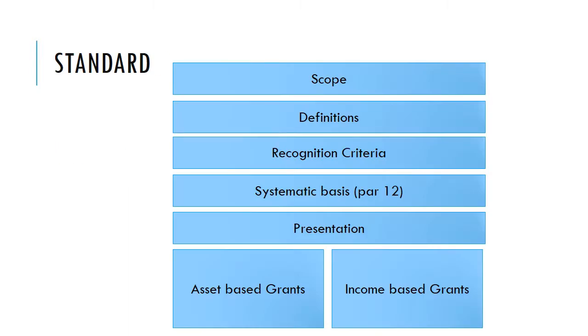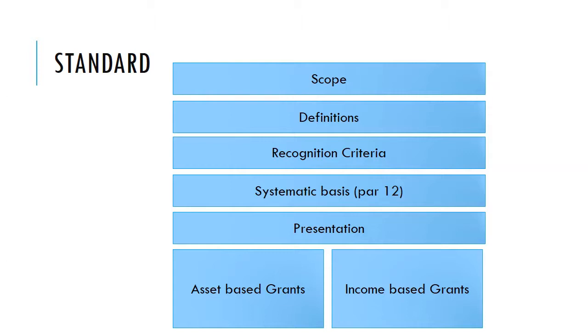So here is just a summary of what we've done, and we've looked at all of these components of the standard. Okay, so the first thing you need to do is identify whether you have a grant. If you have a grant, you need to decide whether it's an asset or an income-based grant. If it is an asset-based grant, you further have to identify whether it's a monetary or a non-monetary grant.